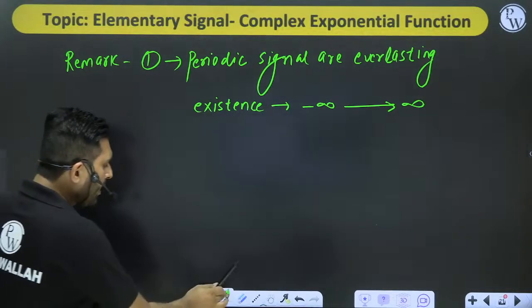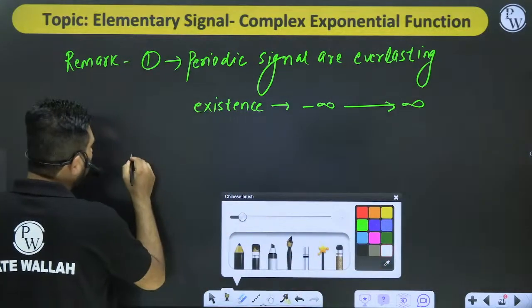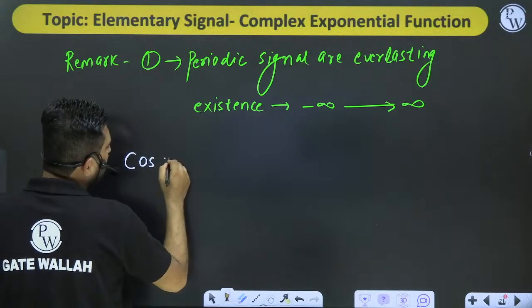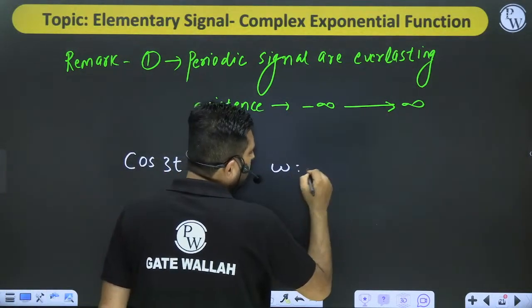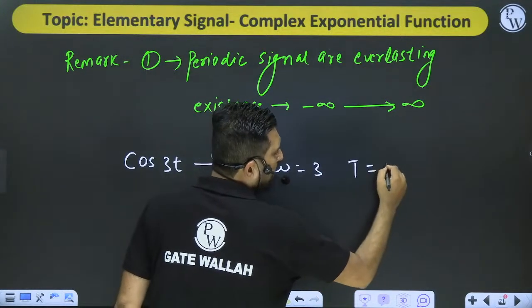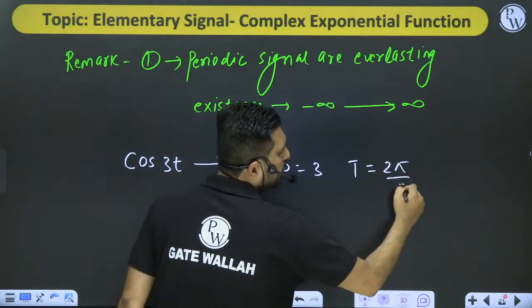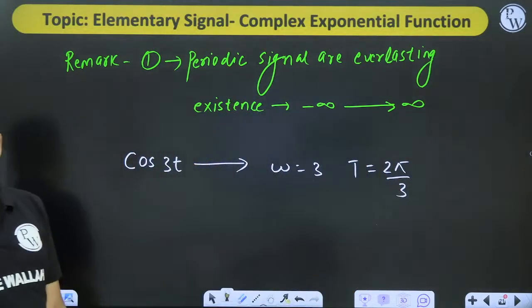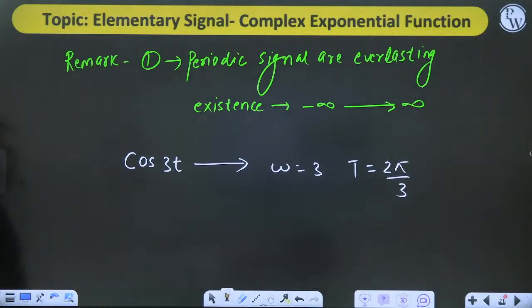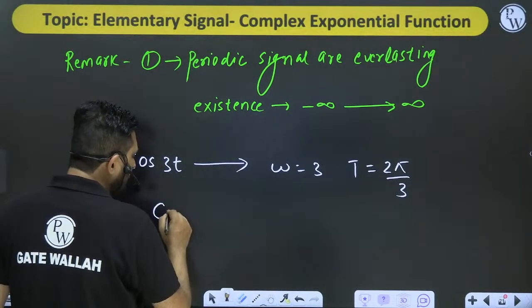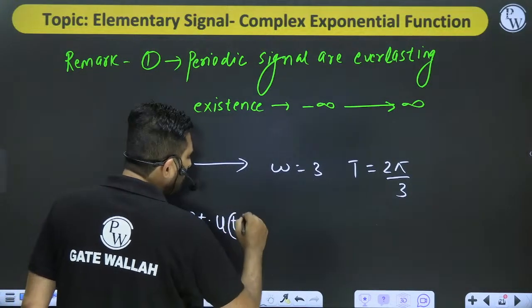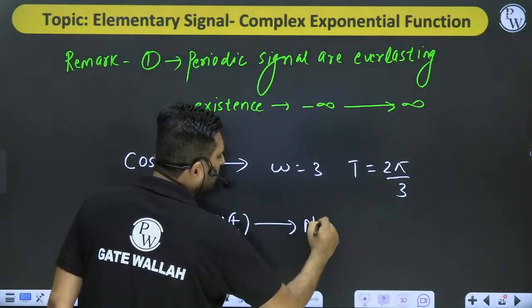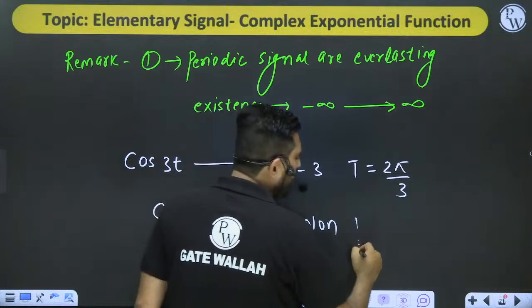So suppose I have cos of 3t, then it is periodic, because omega is 3 and hence T is 2 pi by 3. No problem. This is periodic. But when I say cos 3t u(t), then it is a non-periodic function. It's purely non-periodic.